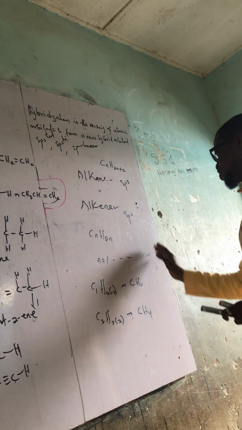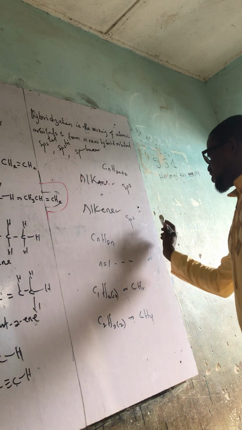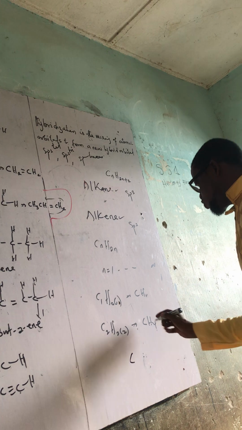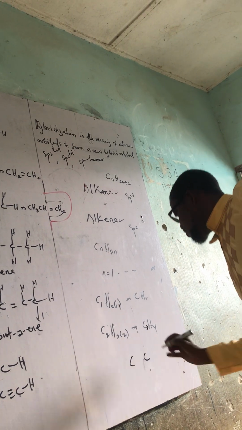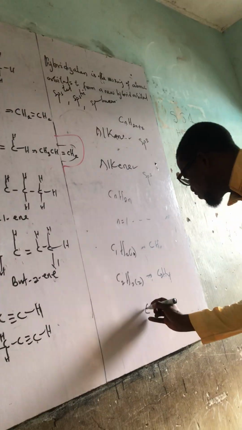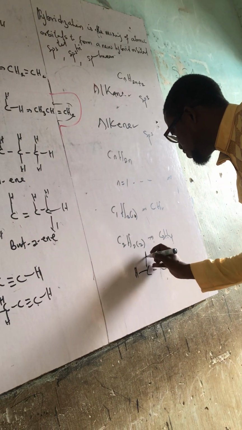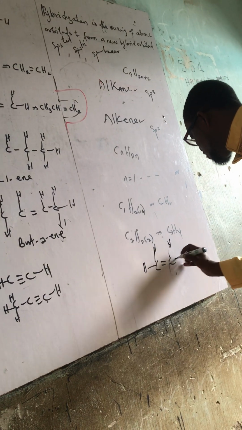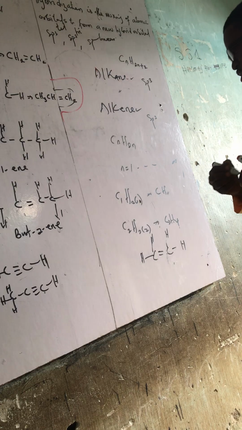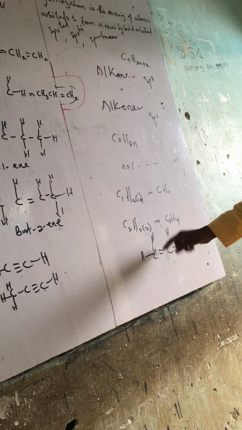So how do we draw this one now? You can see that I have C, then here I have the double bond, then I have H. You can see that here is open, and that is the effect of the double bond.